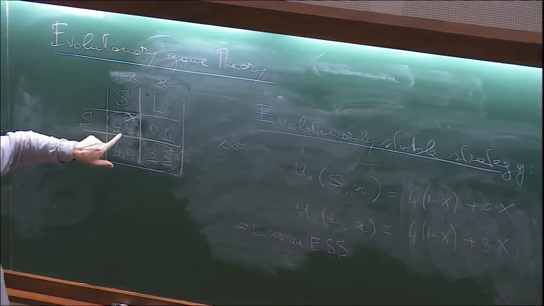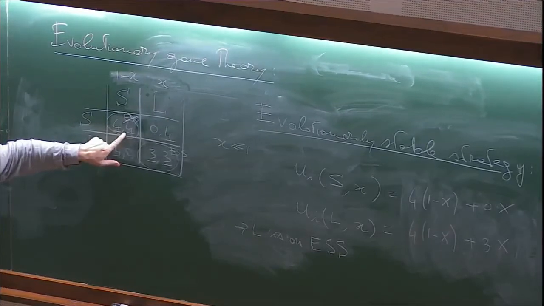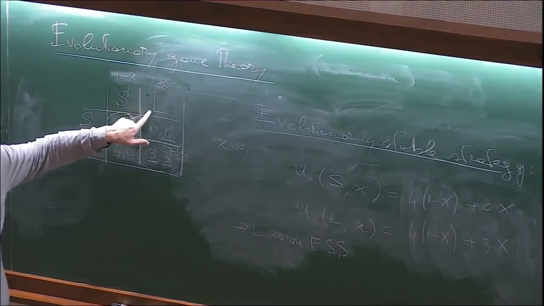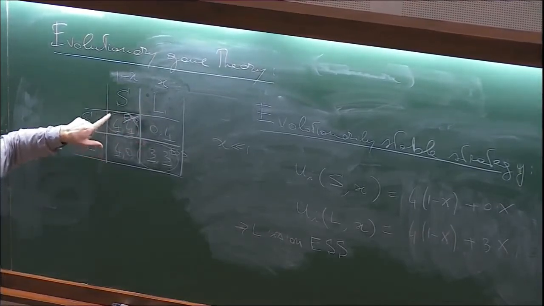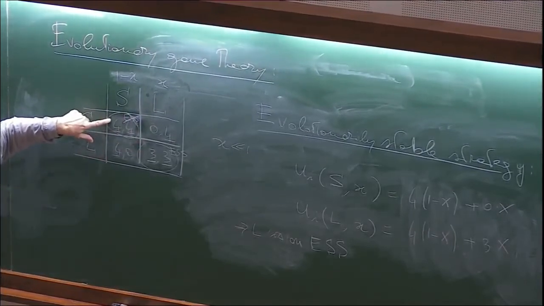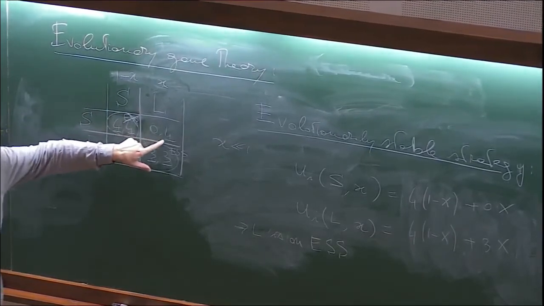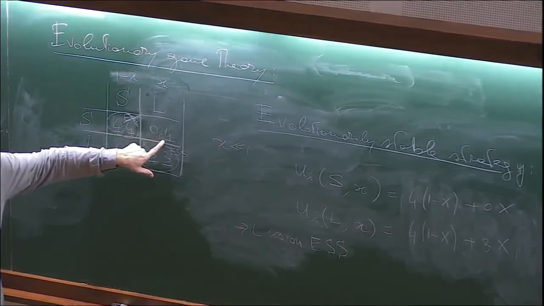No. So this is not strict, because you see that in this state, player 2 is indifferent between playing S and L. Okay? In this equilibrium here, if instead of playing S, player 2 plays L, they get the same payoff. Okay?